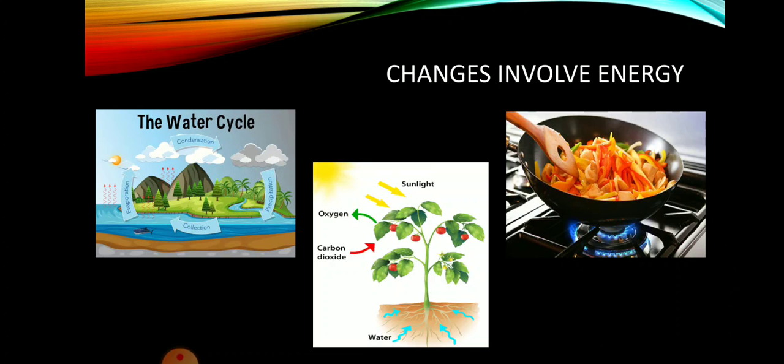Now, in physical changes such as sedimentation and condensation, which we have seen in our 7th chapter, the energy changes involved are very low to be seen. Yes, we cannot see the changes that occur. The best example for this is the water cycle.